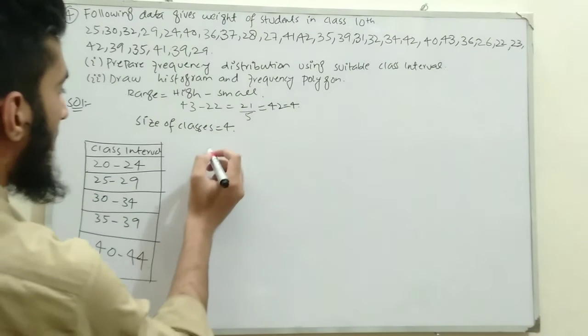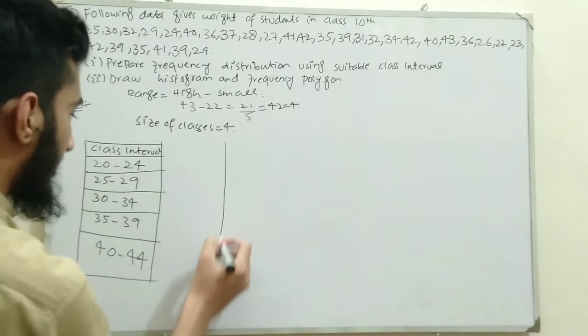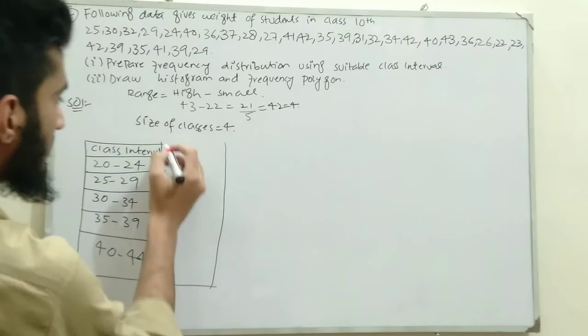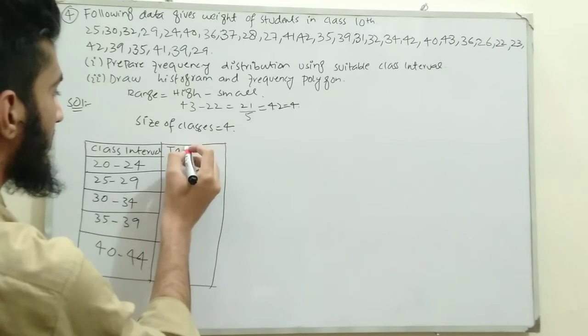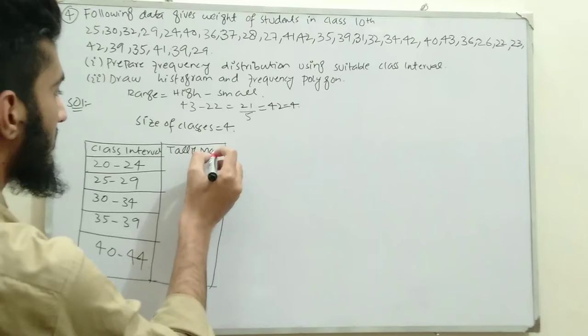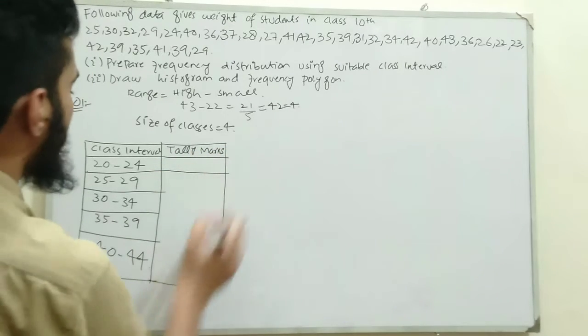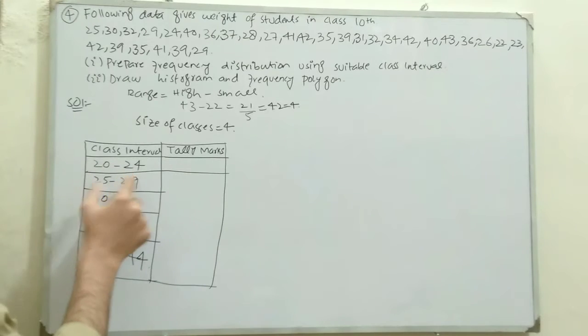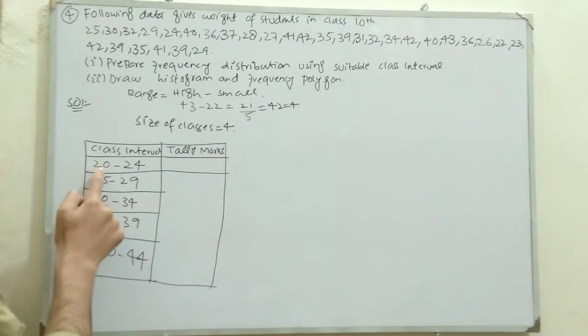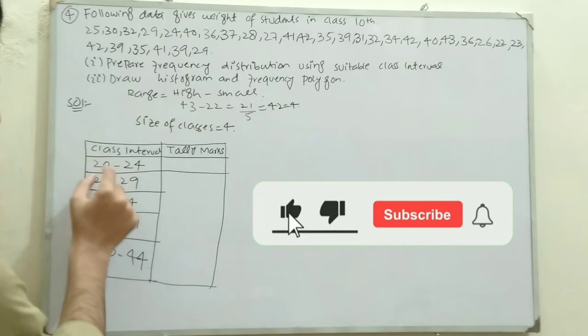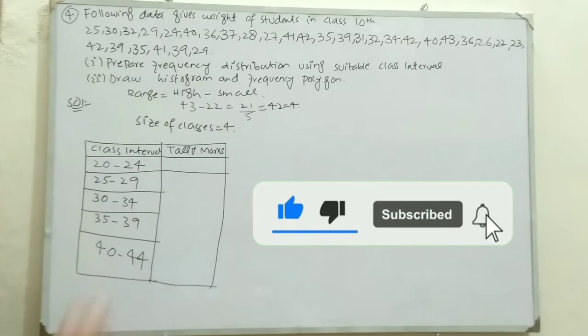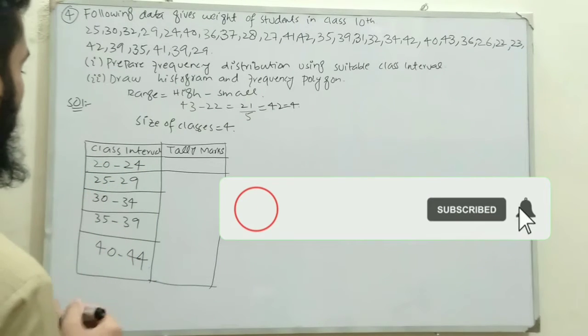After this, we are going to find the tally marks. The numbers in between 20 to 24, that is 20, 21, 22, 23, 24, will be counted. So we will count those numbers.